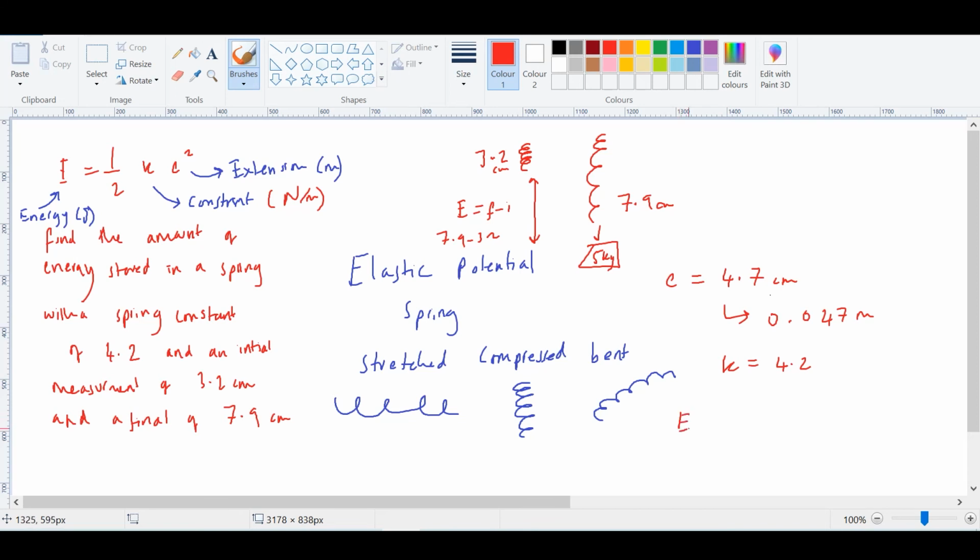So E, which is the energy, equals a half times the spring constant times the extension squared. If you can just hit that into the calculator and tell me what you get.